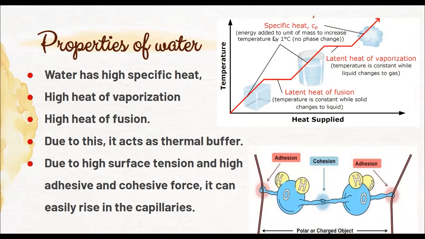Water is taken from the ground into the capillaries of the root system, and slowly, gradually, it is taken up against the force of gravity and transported to the shoot system, the stem and other parts of the plant. Because of high surface tension and high adhesive and cohesive force, water is able to rise against gravity and travel upward to different parts of the plant.